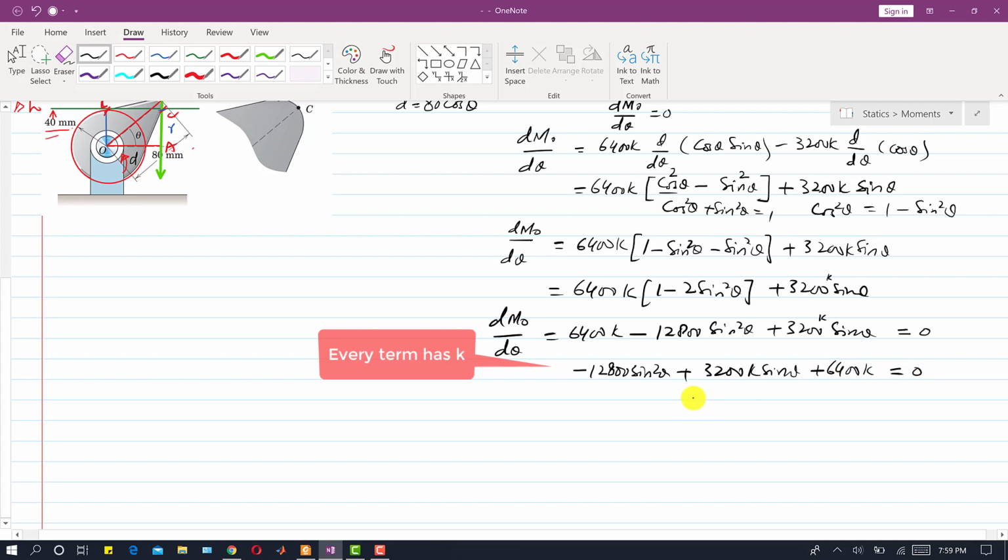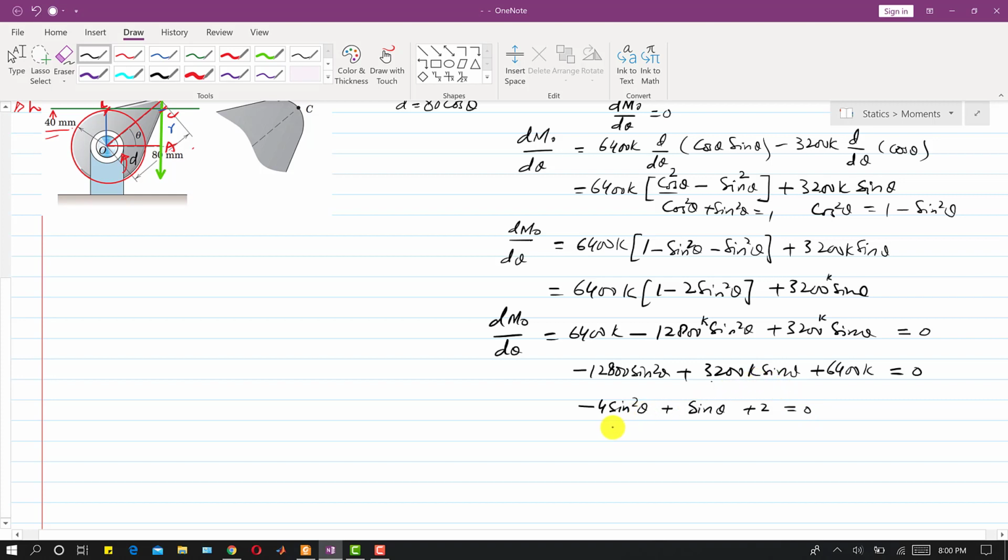Now we divide this whole equation by 3200K, and we get minus 4 sin²θ plus sinθ plus 2. So this will be the final equation.